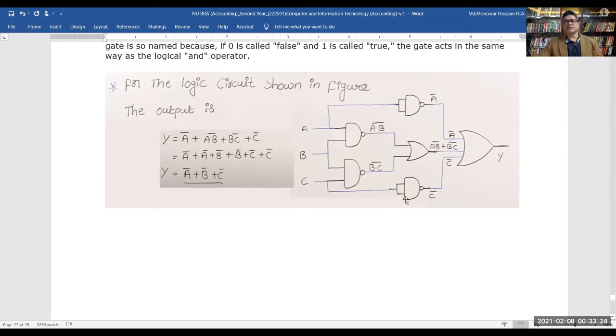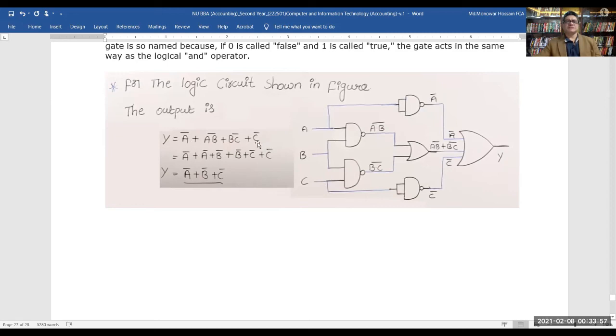And in the same way C bar. In this way, here, AB whole bar plus BC whole bar. So in the third gate, this total comes here, that is Y equal to A bar plus AB whole bar plus BC whole bar plus C bar.